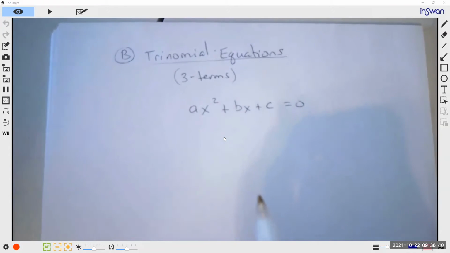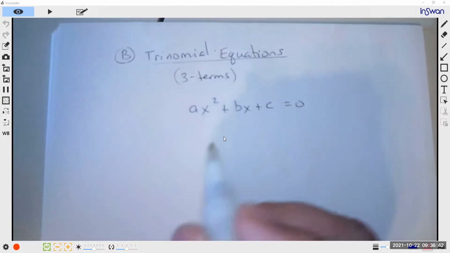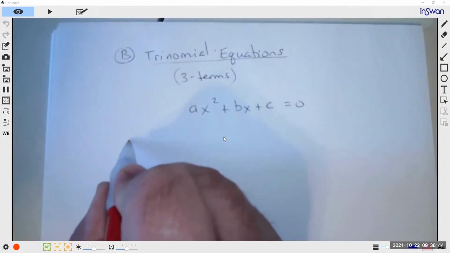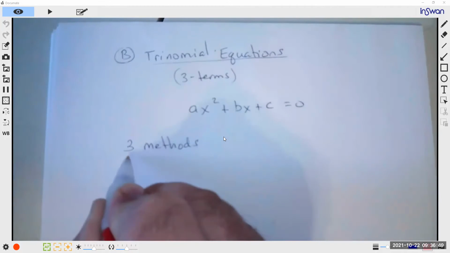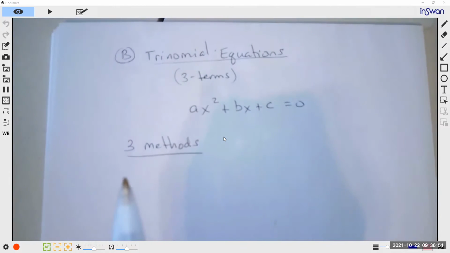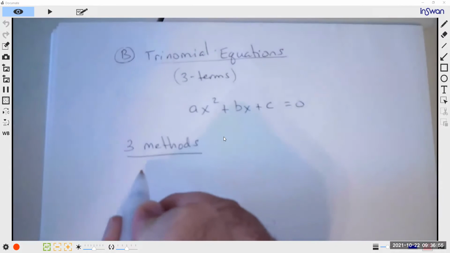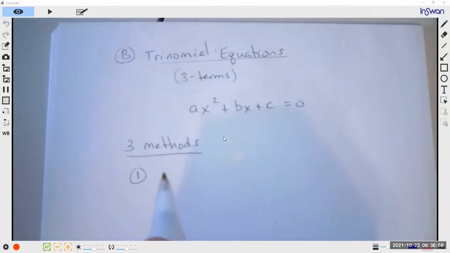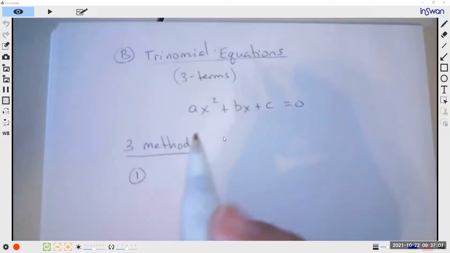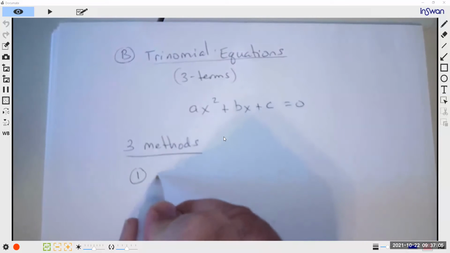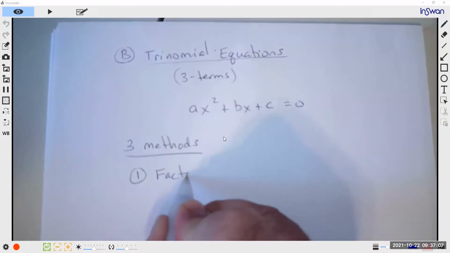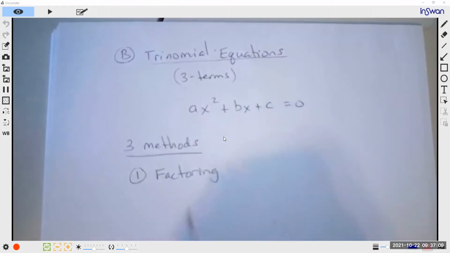Now, there were 3 methods we had there. The first method was factoring.